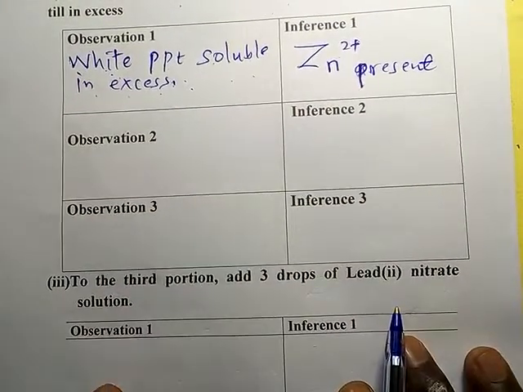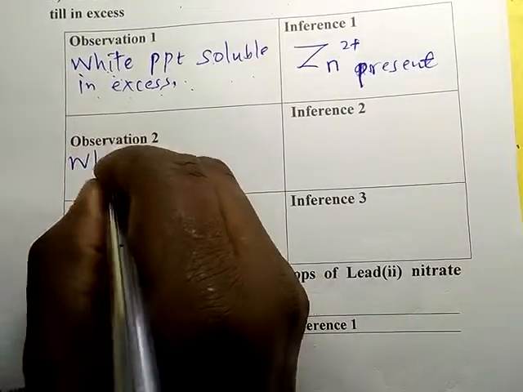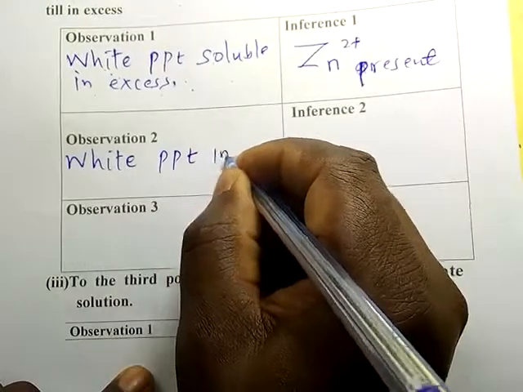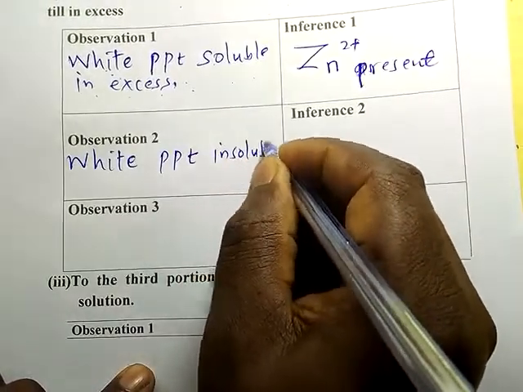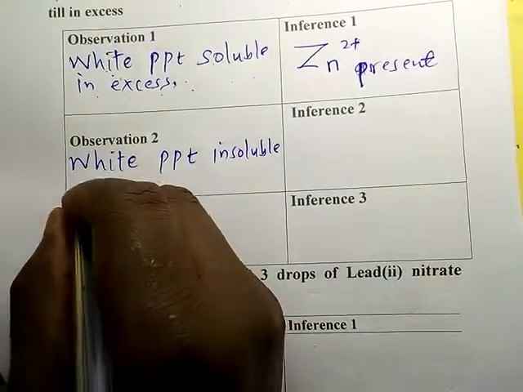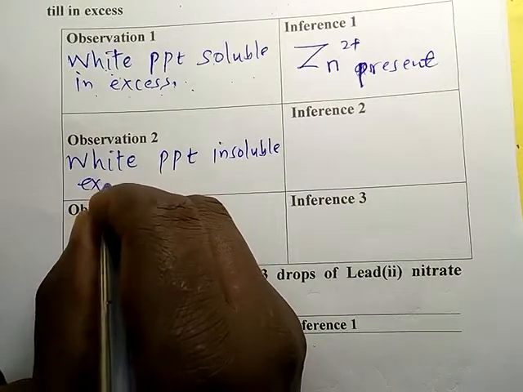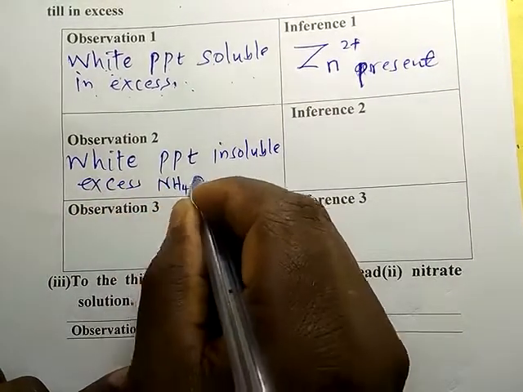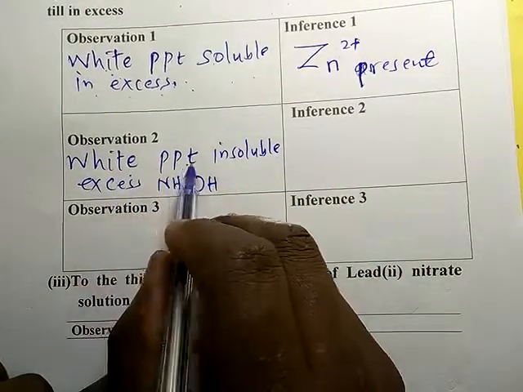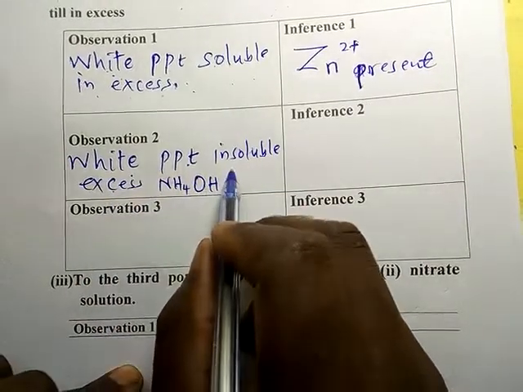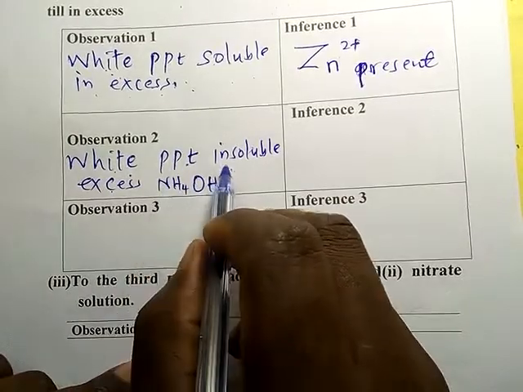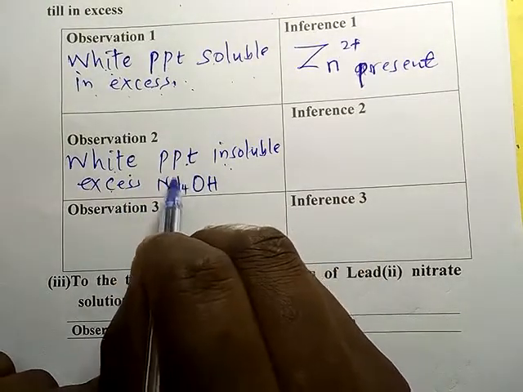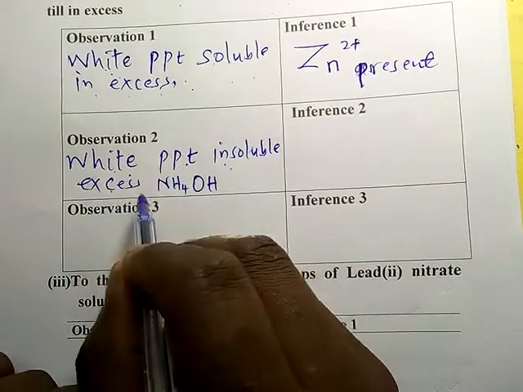Observation number 1. Number 2, a white precipitate insoluble in excess ammonia solution. Insoluble meaning that it does not dissolve in excess. A white precipitate is formed which does not dissolve to form a colorless solution, so the white precipitate will remain after adding in excess.